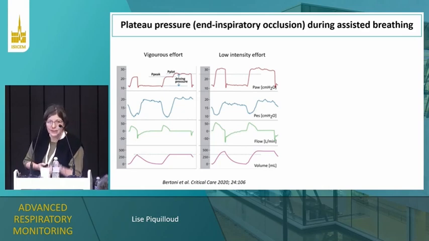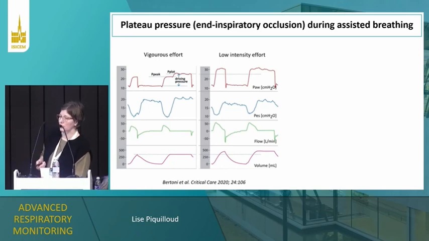Then you can see the stress that goes into the alveoli. Here you see that you have a strong effort, huge decrease in pleural pressure, esophageal pressure, and you have an increase in plateau. On the right, you have a lower effort, and you have no increase in plateau.